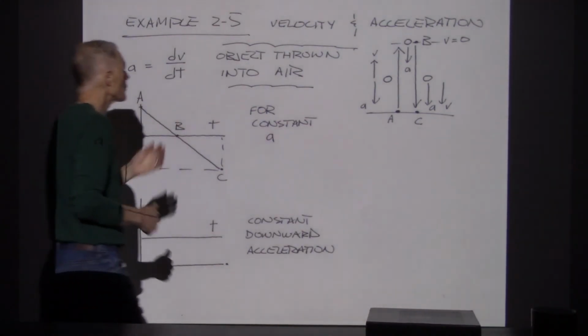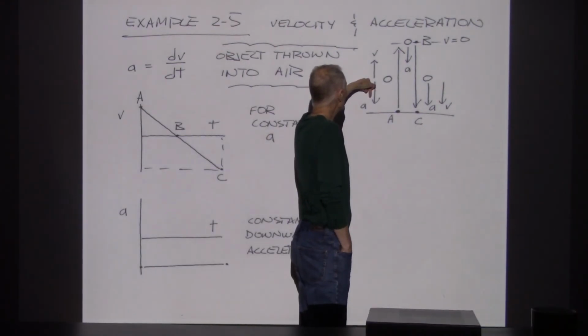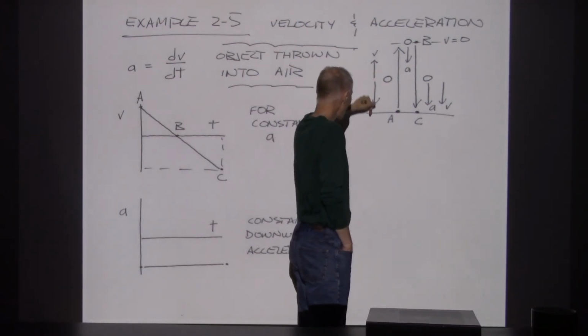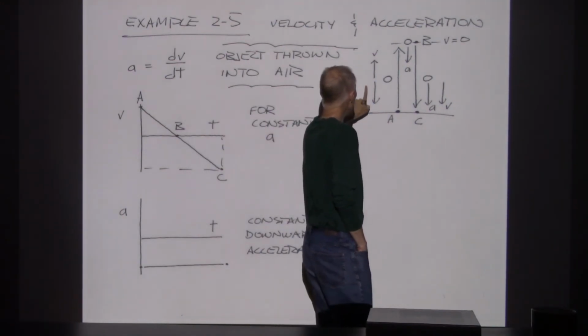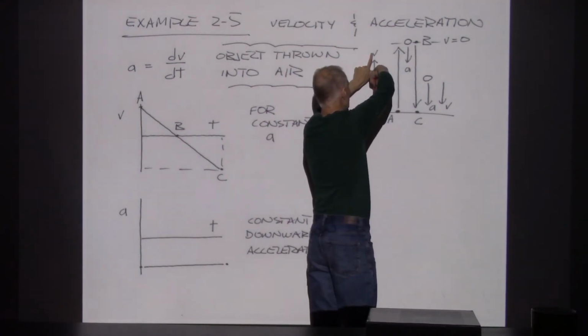But what we find when we throw something up in the air is that we have a constant acceleration, or what we're assuming to be a pretty constant acceleration, on the object back downwards towards the Earth due to a gravitational effect. So on the way up, the velocity is upwards, but the acceleration is down.